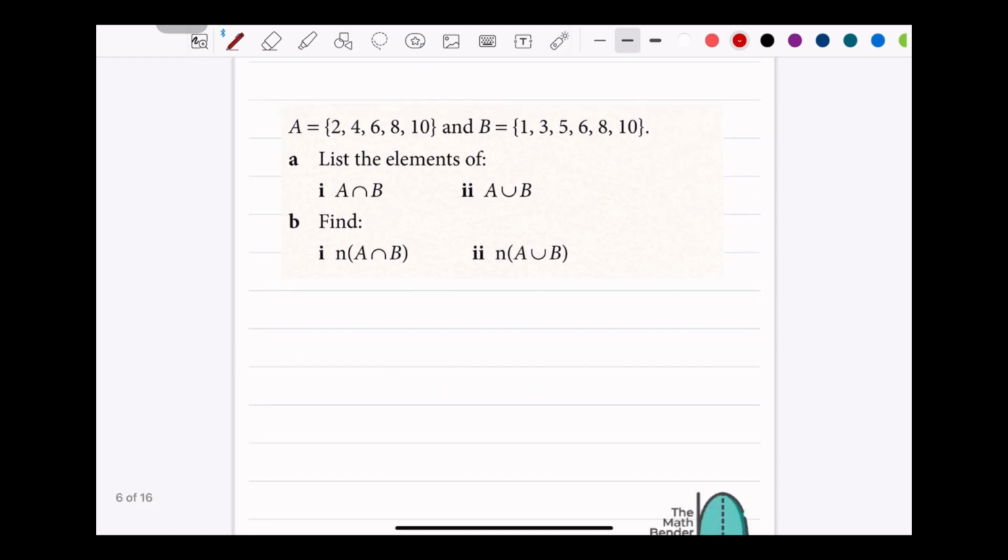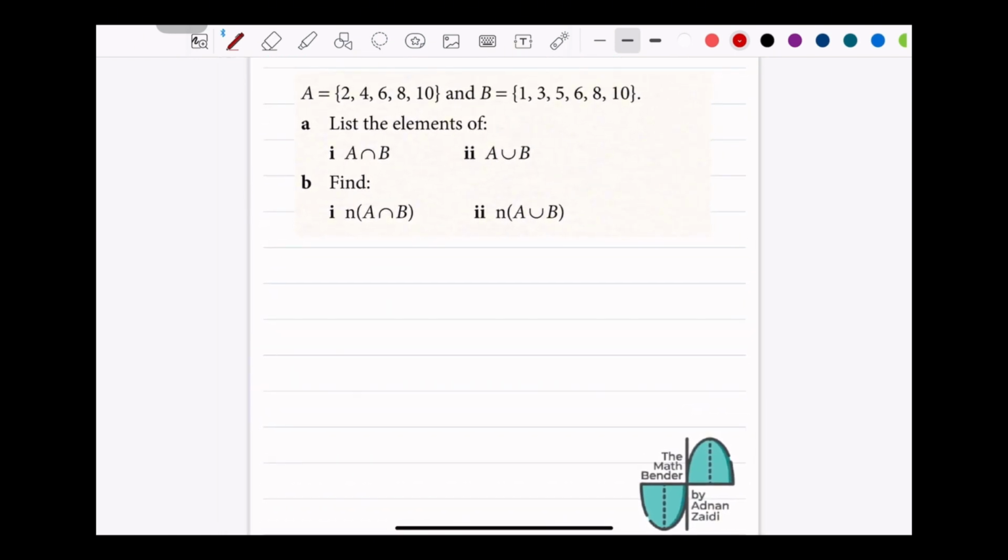So let's see a relevant question here. I'll solve this one first. Set A is 2, 4, 6, 8, 10 and B is 1, 3, 5, 6, 8, 10. Can you see 6, 8, 10 is in A as well as in B? I will not be repeating them.